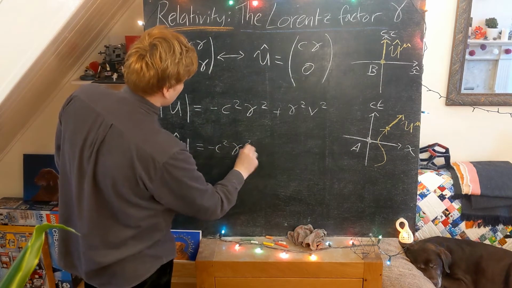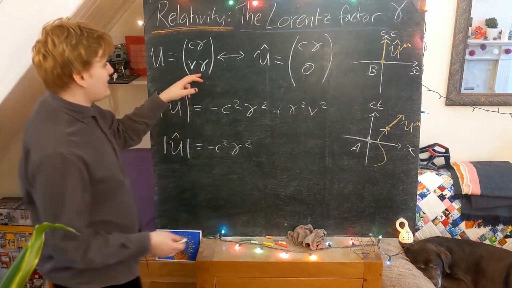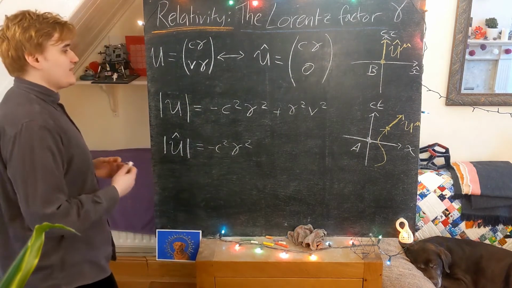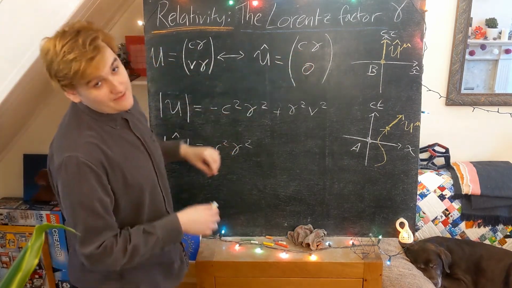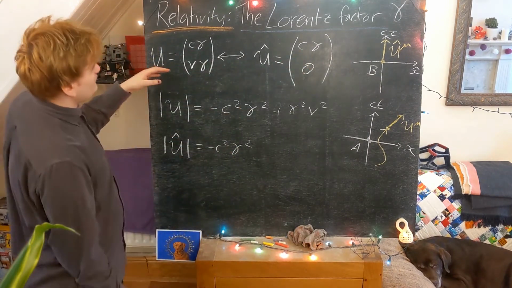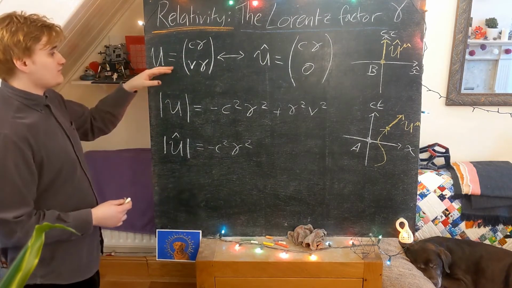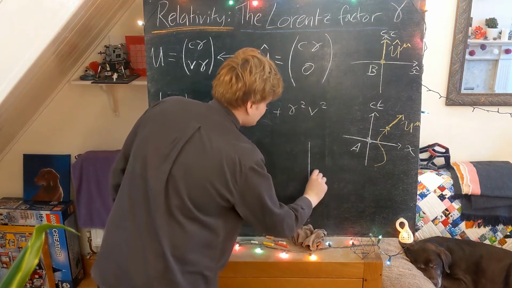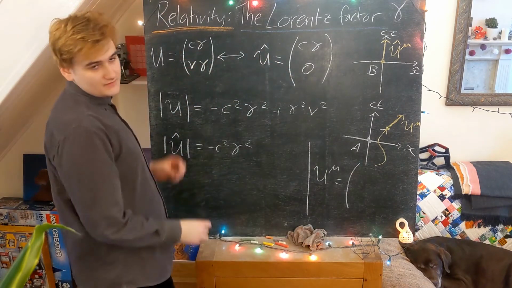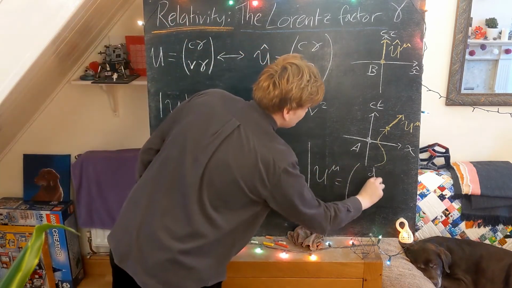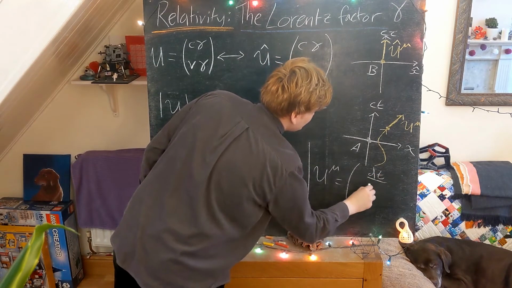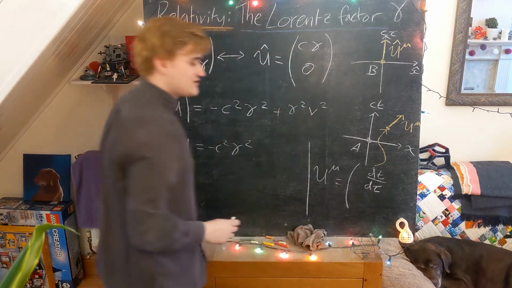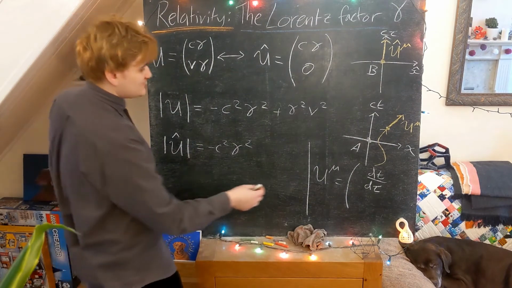Okay, and now if we just remember how we defined this gamma initially, well, when we took these derivatives to work out what the 4 velocity is, we saw that this gamma component is essentially the derivative of the t coordinate with respect to the tau 4 velocity.